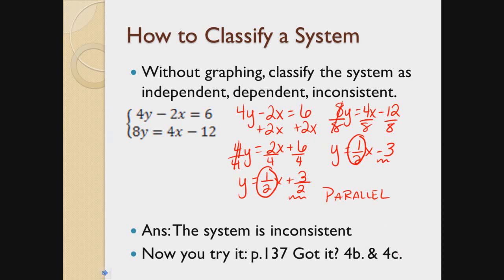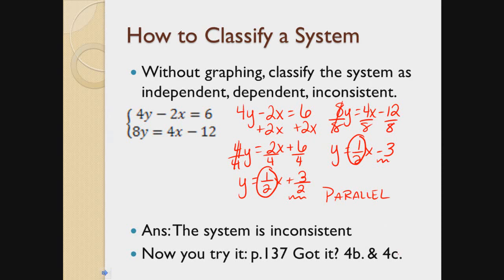This would become negative 4 plus negative 4 equaling negative 8, which is also true. Because that point makes both equations true, it is the solution of the system, the point of intersection, negative 4, negative 2.